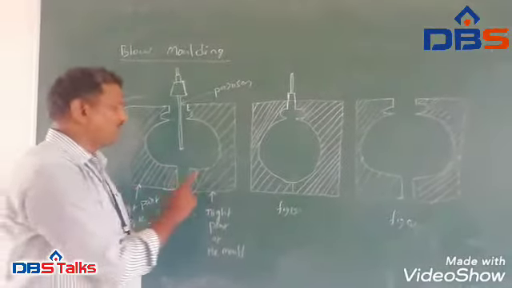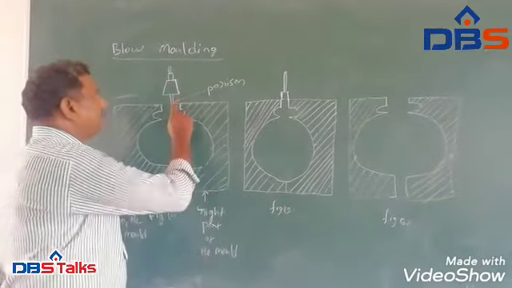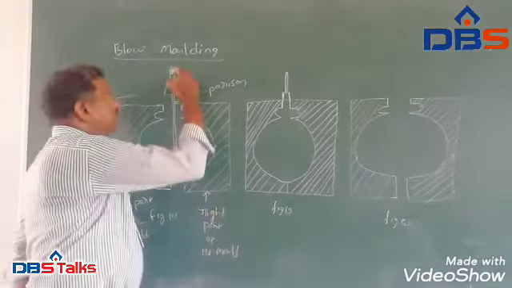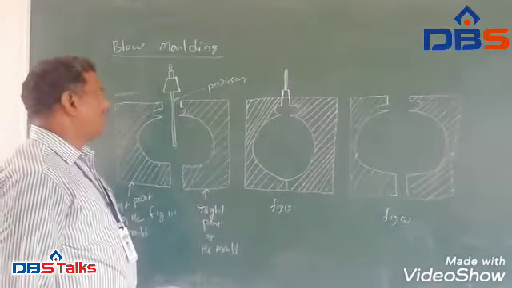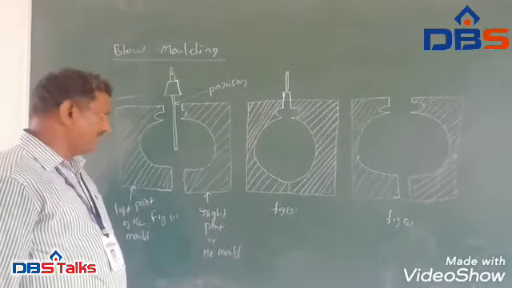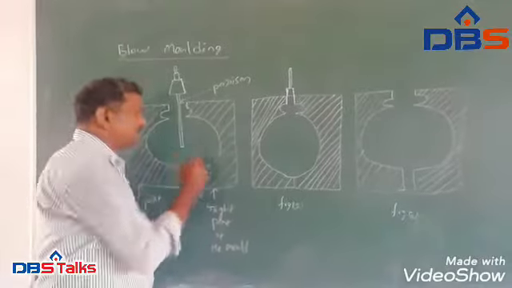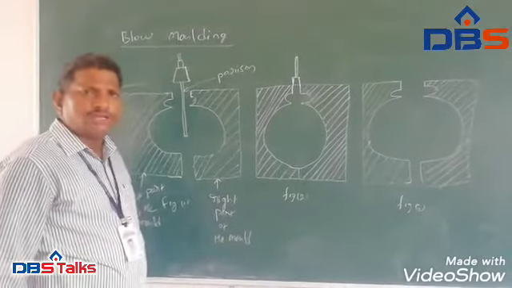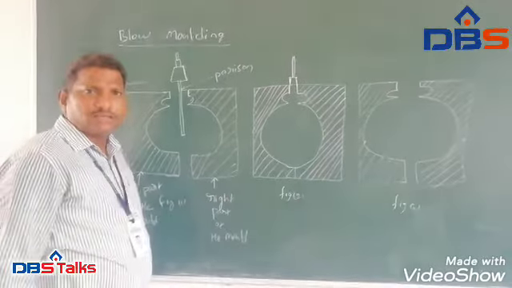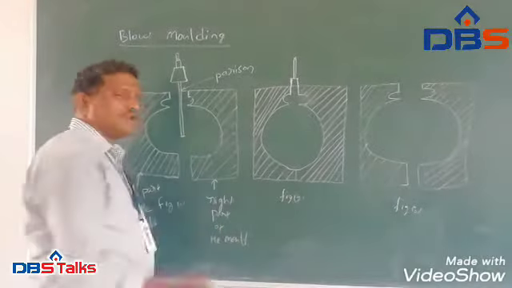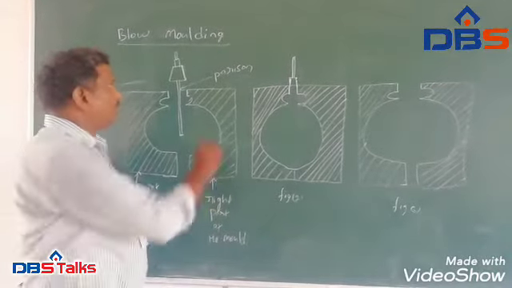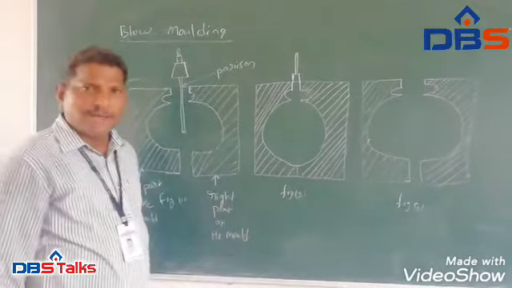Left part of the mold, right part of the mold and parison, and a hose pipe like a device. See, this is a thin plastic heated material like a tube, which is called a parison.